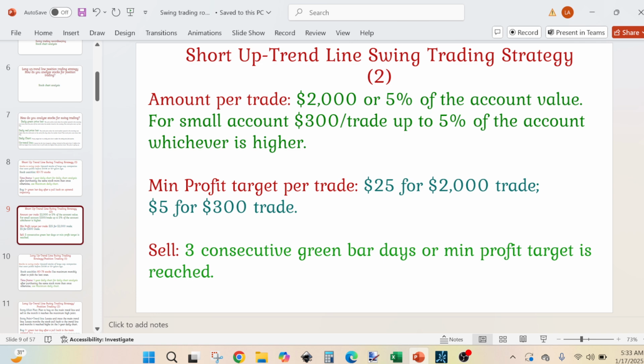So we set a small profit target, a small dollar amount per trade, or we can even do lower depending on your cash available in the account or account value, so that we can trade often to practice the strategy.